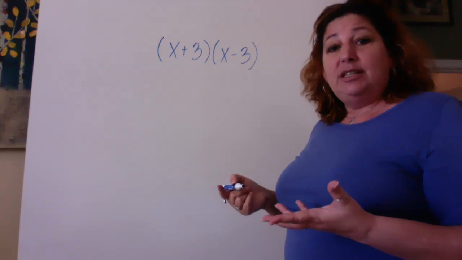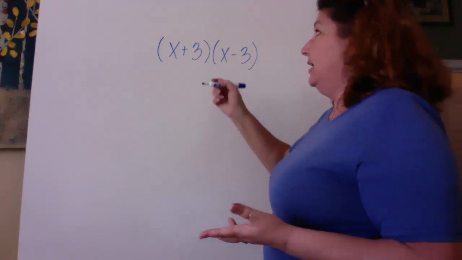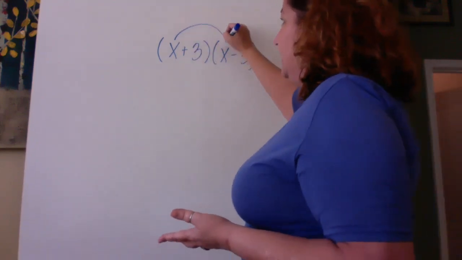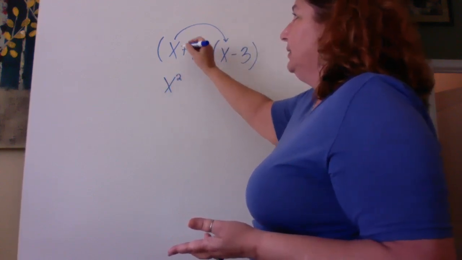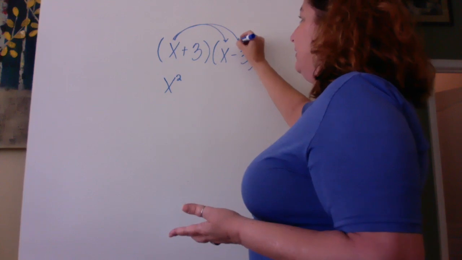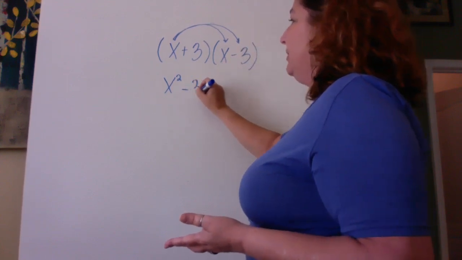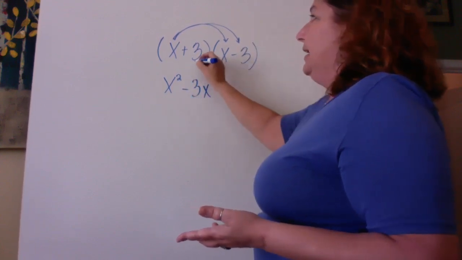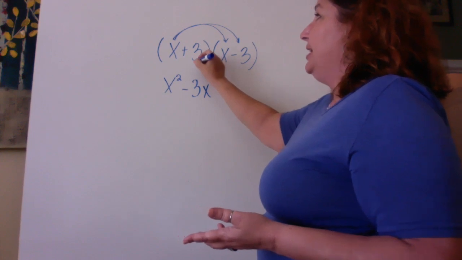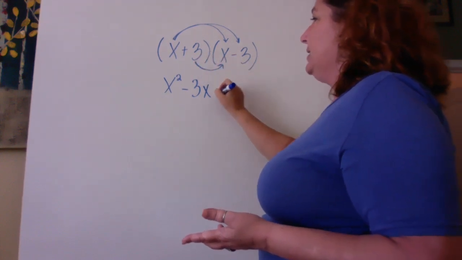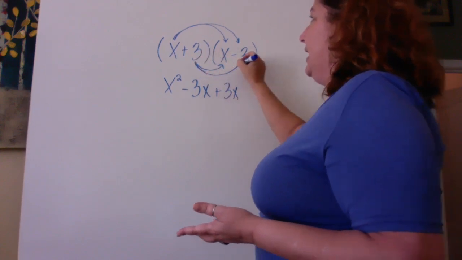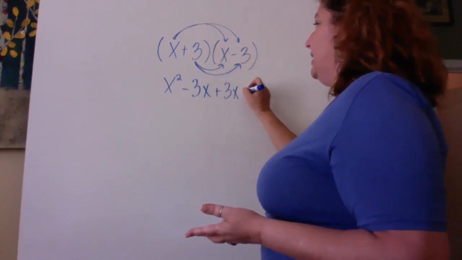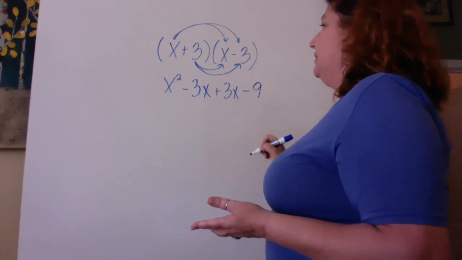We're going to use the distributive property: x times x equals x squared, and x times negative 3 equals negative 3x. Then I use the 3: 3 times x is 3x, and 3 times negative 3 is negative 9.